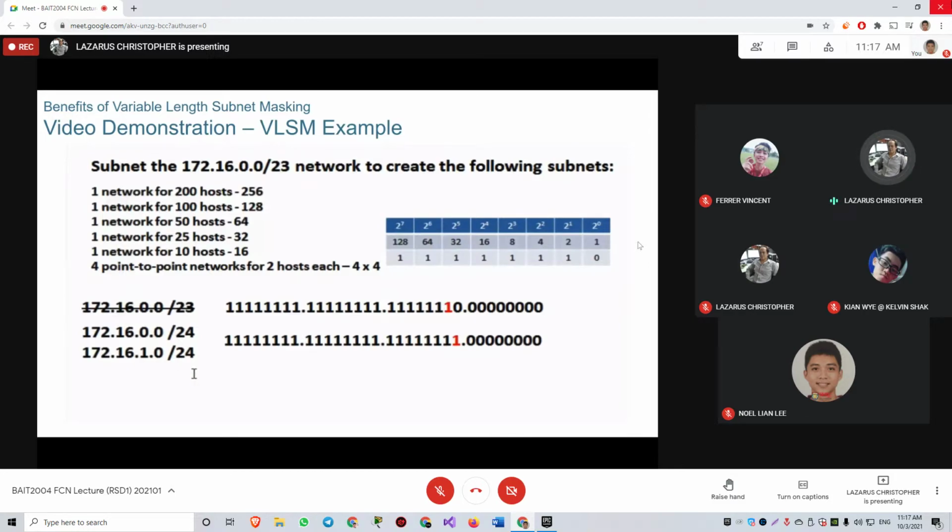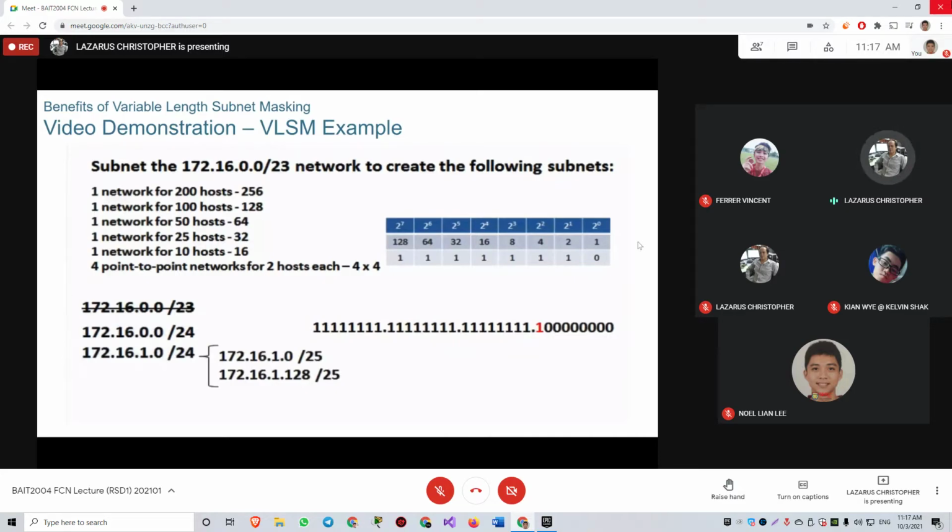What I can now do is keep the first of these subnets and subdivide the second. To do this, I simply take this 172.16.1.0/24 subnet and change it from /24 to /25. So now I have the 172.16.1.0/25 subnet.